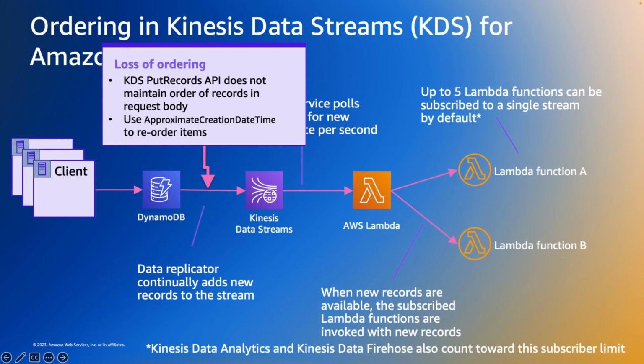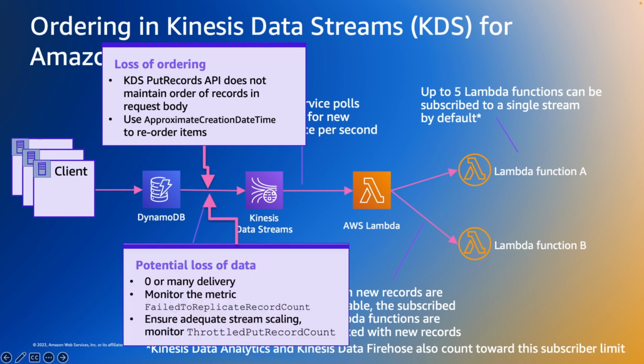Now, one way you can use a timestamp is to find out which version of an item was written first. You can do this by writing the item to S3 through Amazon Kinesis Data Firehose, and then constructing an Amazon Athena query to sort by creation date time. Now, be aware that there is a zero or many delivery of items into Kinesis data streams.